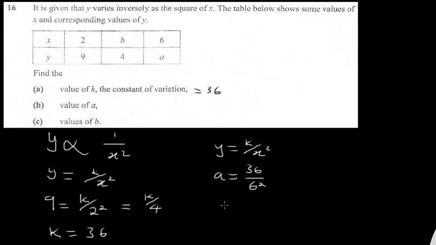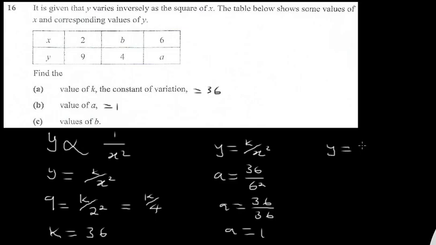So 6 squared. So a equals 36 over 6 squared, which is 36. So a equals 1. So therefore we have a being equal to 1. Simple. Okay.